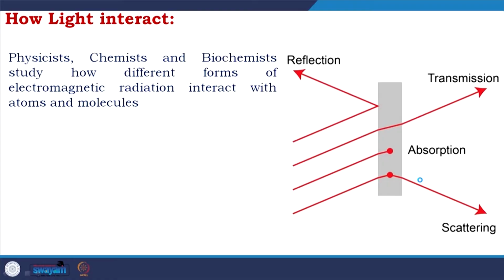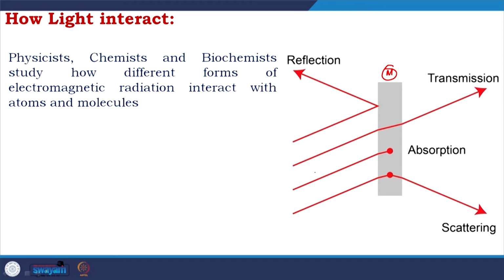Spectroscopy is about the interaction of light with matter. Physicists, chemists and biochemists study how different forms of electromagnetic radiation interact with atoms and molecules. If you see, this is the matter and this is the energy coming, the electromagnetic wave coming, there are different effects.